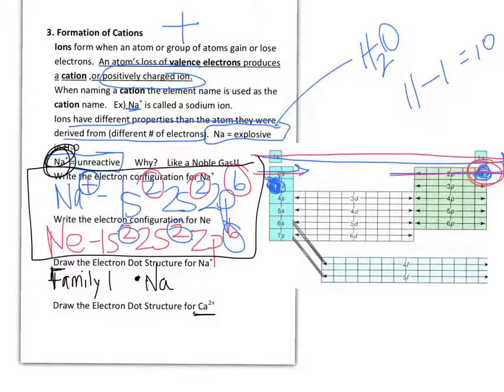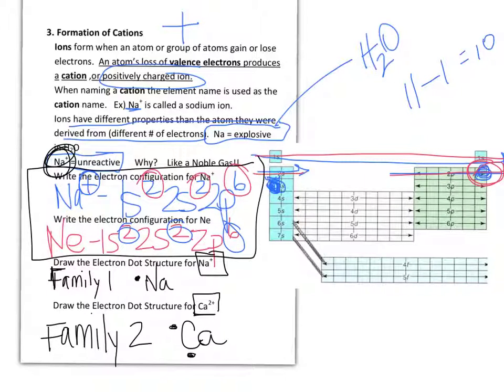So calcium is in family 2, and therefore calcium has this electron configuration, 2 valence electrons. Now the question, or excuse me, the electron dot structure, the question asks us to draw Ca2+ and Na+.